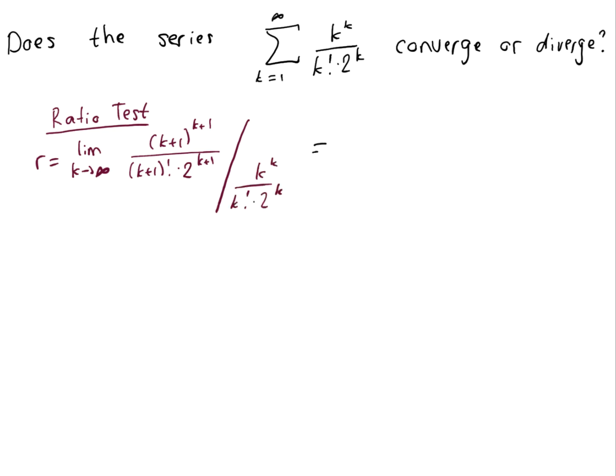As usual, for evaluating this limit, it's really nice to group similar terms together. So these two both came from this part of the numerator, so I'll put those together. This k factorial gave me a k plus 1 factorial and a k factorial. I'll put those together.